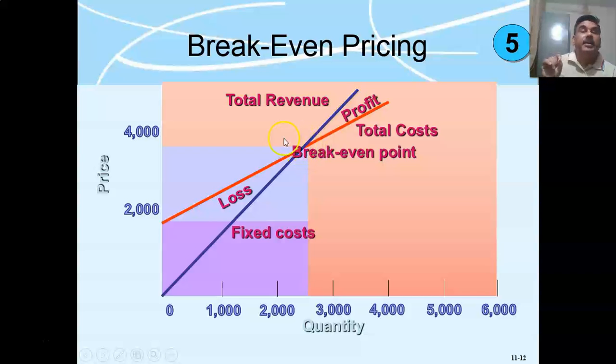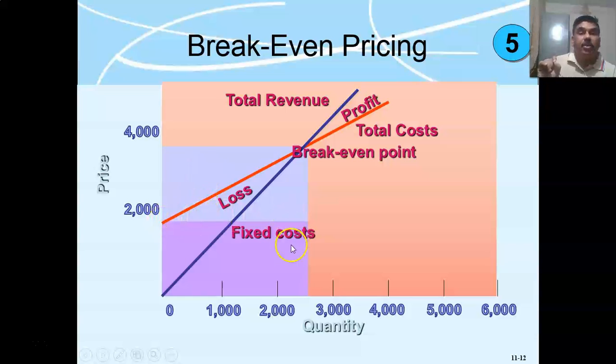It means that they are able to recover the variable cost and also the fixed cost, right? And that is why there are two lines here. One line is orange. That line starts from 2,000. Why?